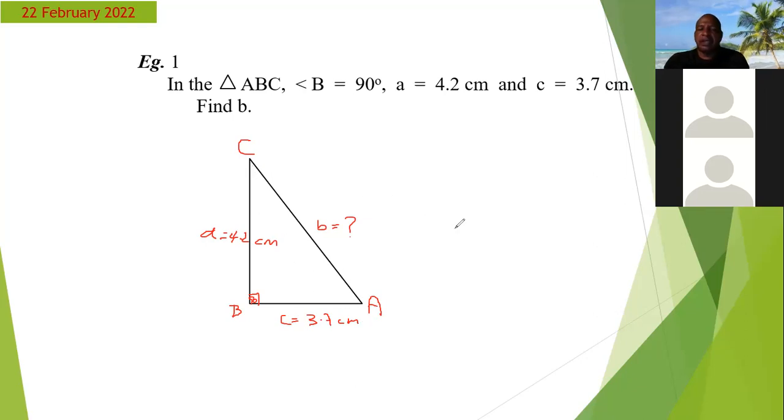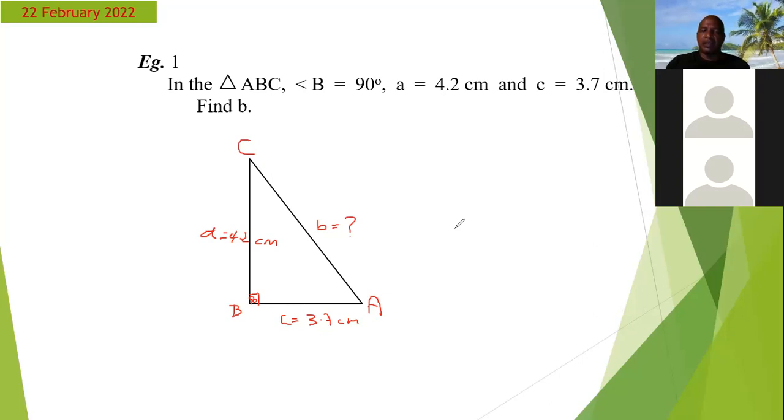For Pythagoras' theorem, when you're using the theorem, you don't really need to know the other angles. Only one angle that you really want to ensure that you have is 90 degrees. So once you have a triangle and you know that one angle is a right angle, which is a 90 degrees angle, all you need to do next is to use the theorem based on how the formula presents itself.